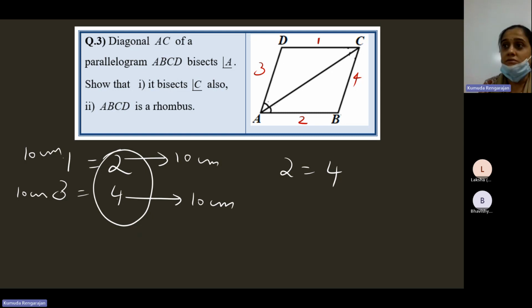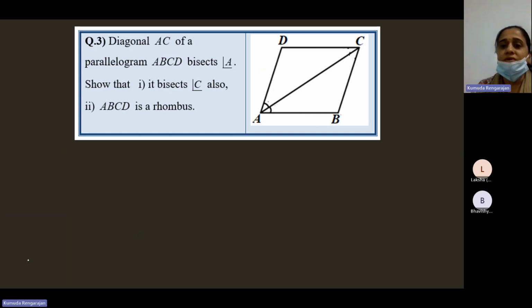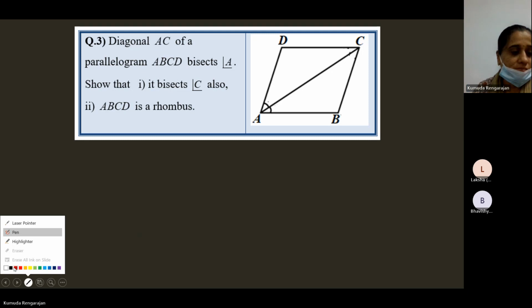Okay. So we proved the first part: angle C is bisected. Now for the next one.